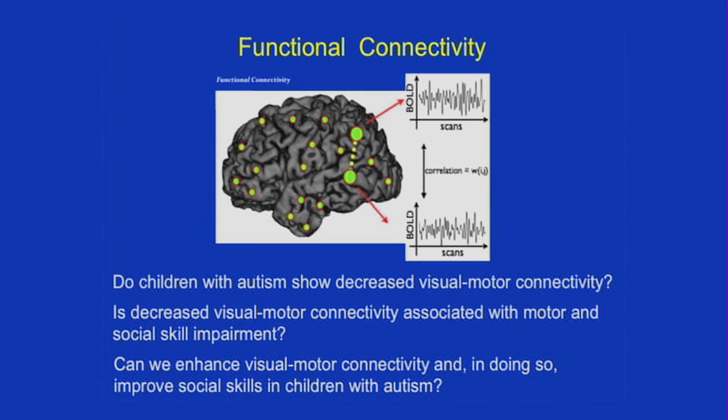For regions where there's commonality, where the signal patterns are fluctuating in a similar way, those regions are considered to be functionally connected. If not, they're not considered to be functionally connected.